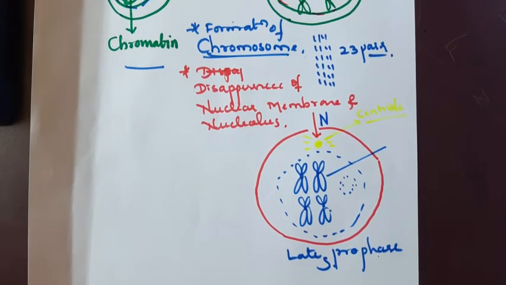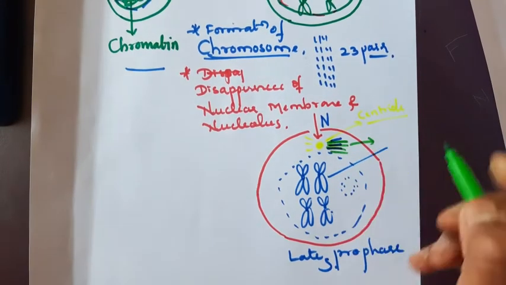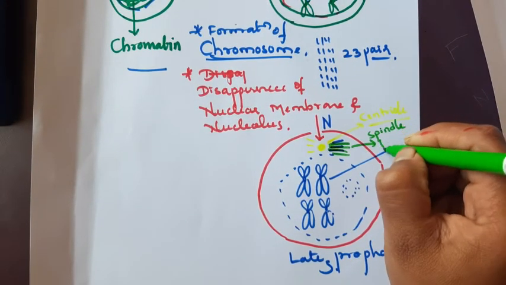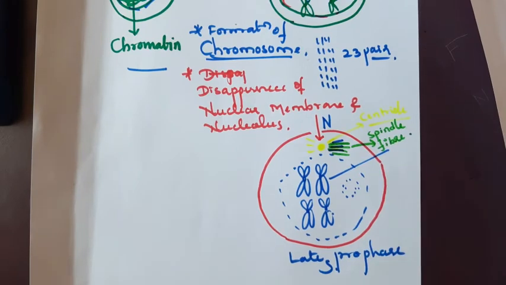Those spindle fibers are very necessary for cell division. I will change the color of the pen, green one I will take. These are the spindle fibers. This is all about prophase.